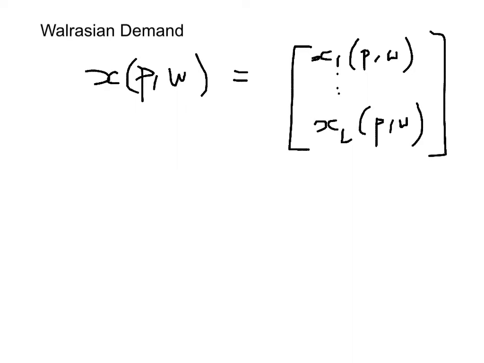Now this is interesting here because the question is, is this single valued? Now, if we assume that there's only one such vector being chosen from a particular budget set, then yes, the answer is yes, and we have a Walrasian demand function. On the other hand, if we want to keep this general to accommodate the possibility that the consumer may be choosing multiple bundles, remember the choice-based approach is potentially general enough to accommodate the possibility that the choice rule assigns multiple bundles.